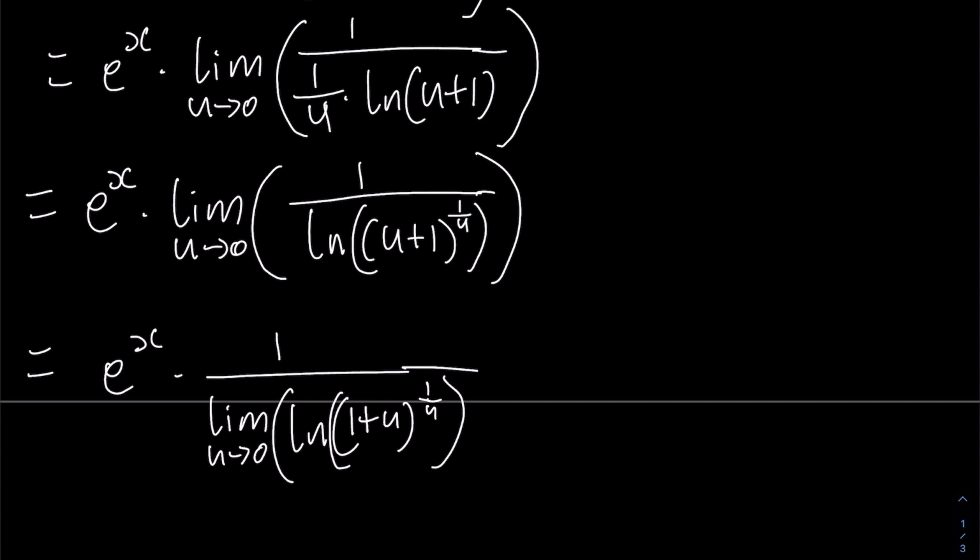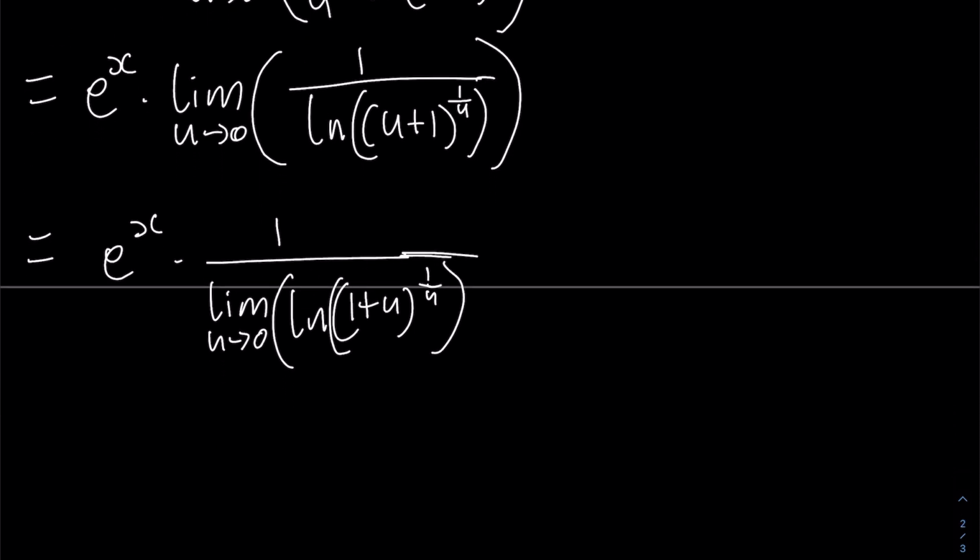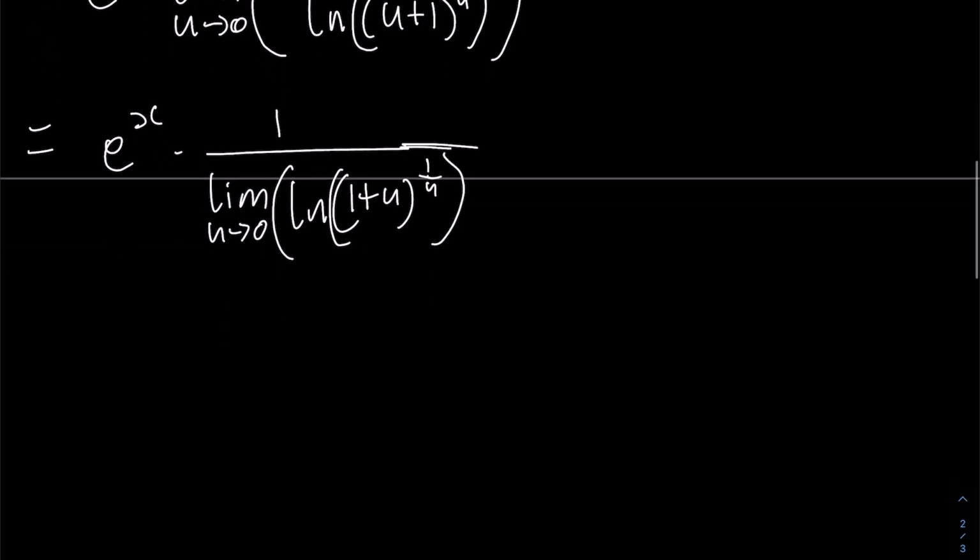And what we see here is that if we have the limit of a function, and that function is continuous over this interval, then we can actually swap the function and the limit. So the limit of the function is the same thing as the function of the limit.